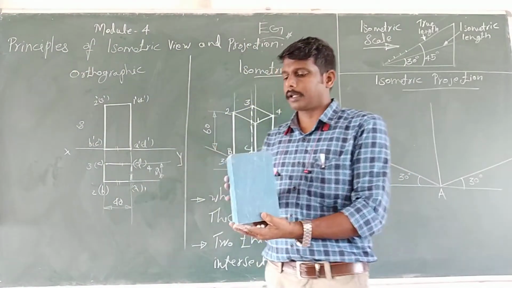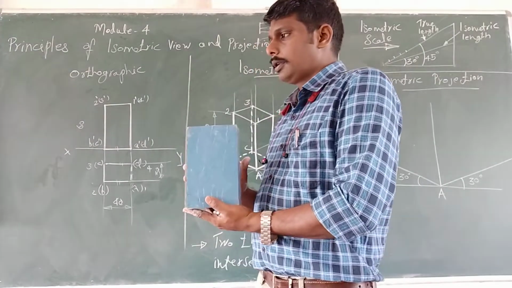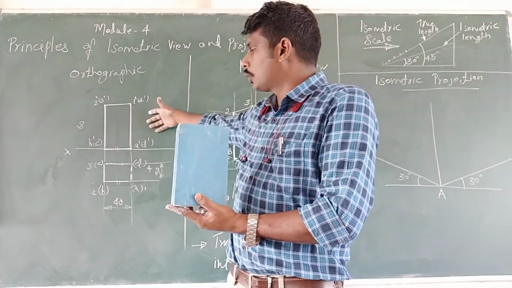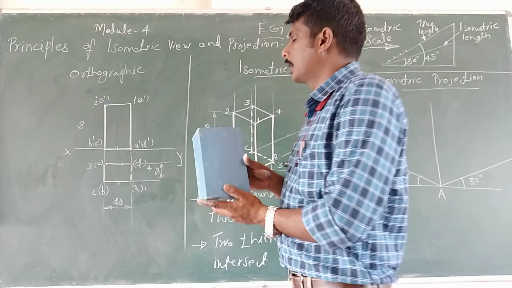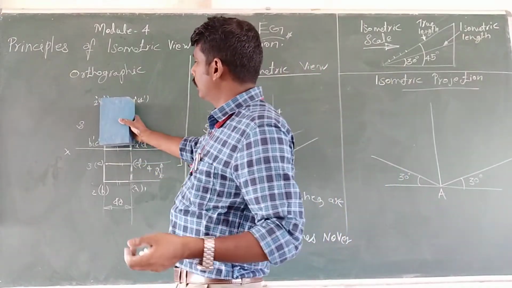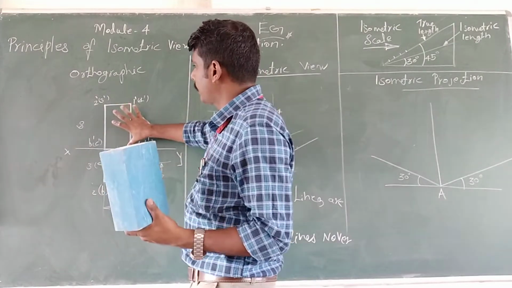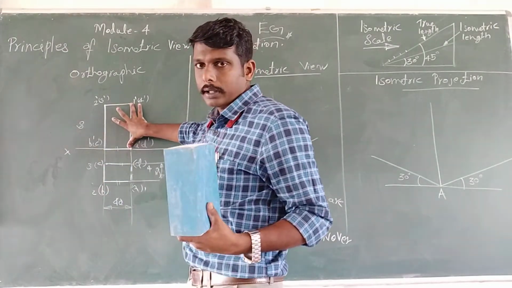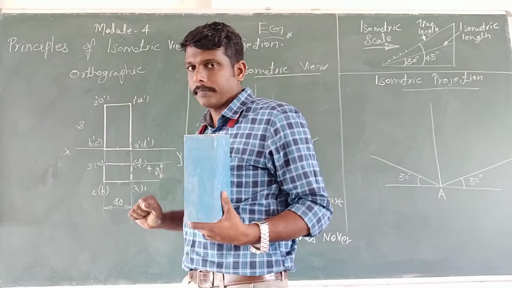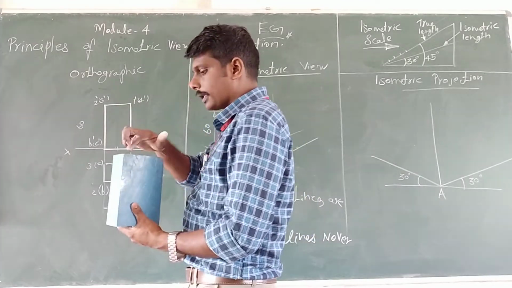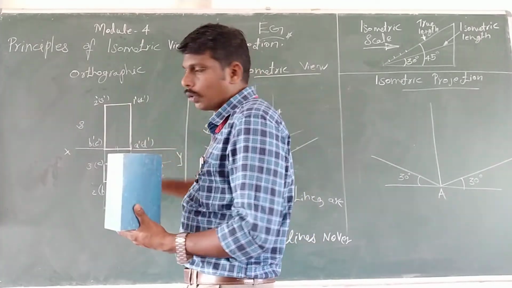Just listen. When we take the orthographic projection, the lines are parallel to VP. So the true length, that is 60 mm, is visible on the front view of the object. Same, all these lines are parallel to top view.